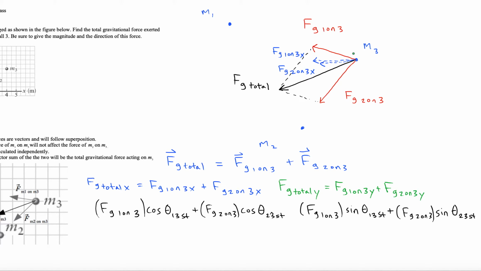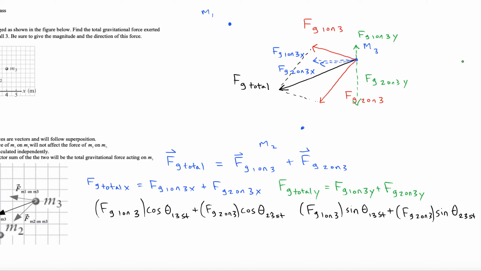Now let's look at the vertical dimension. This guy here is going to be Fg1 on 3 in the y direction. And this will be Fg2 on 3 in the y direction.